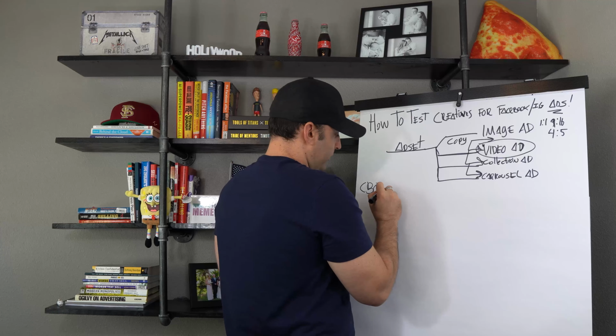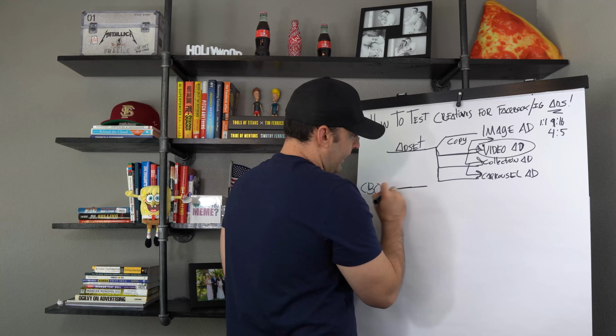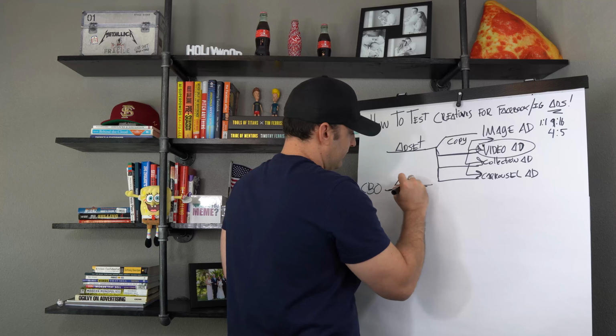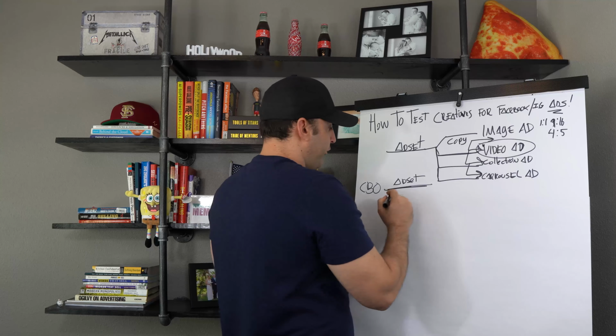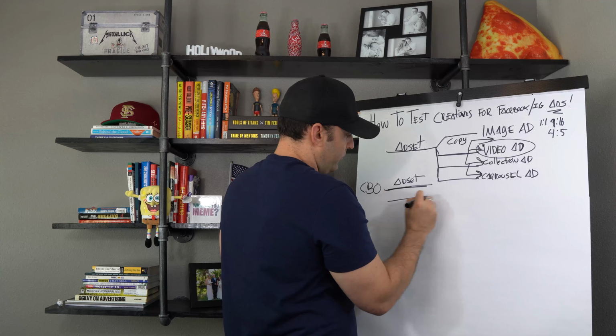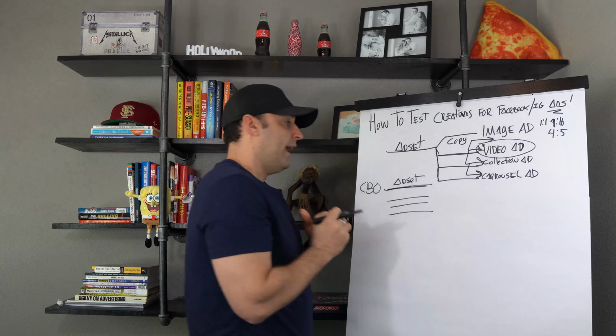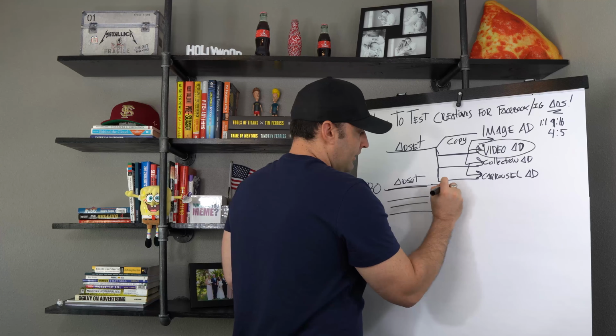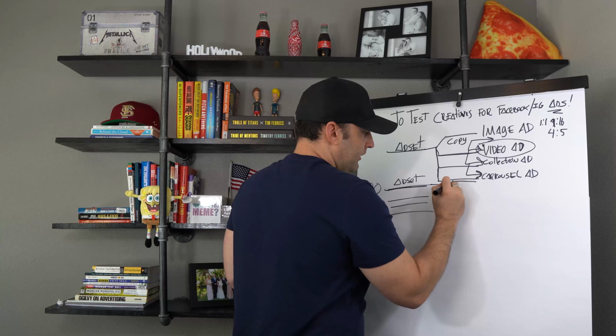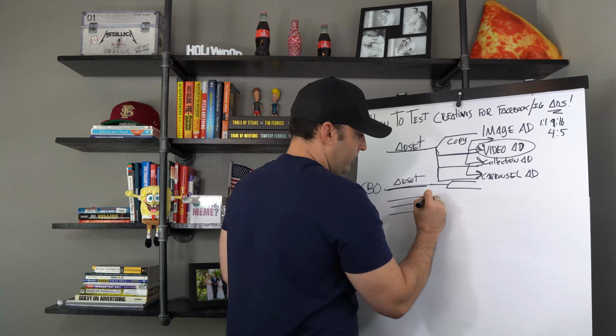Inside that CBO, I'm going to duplicate that ad set, however many ad sets you want to go, depending on your budget, let's say 4, okay? 2, 3, 4. And inside that ad set, again depending on my budget, I'm going to do a minimum of 2.